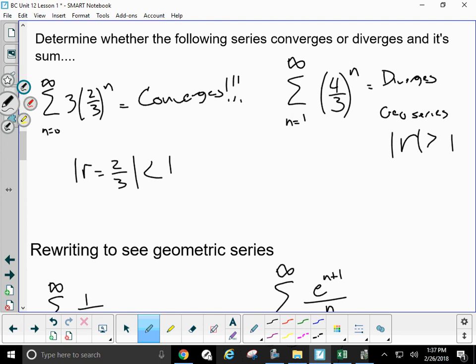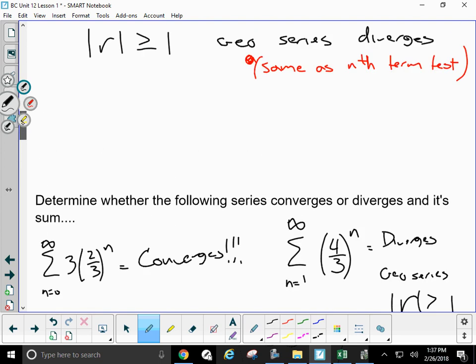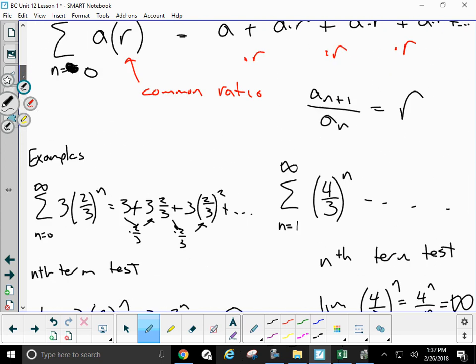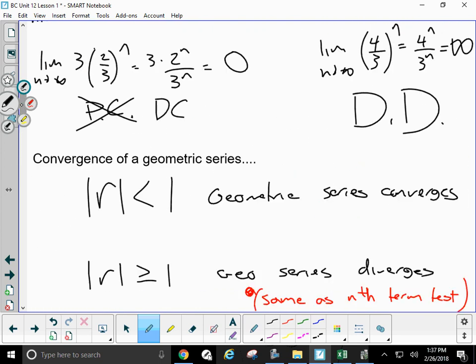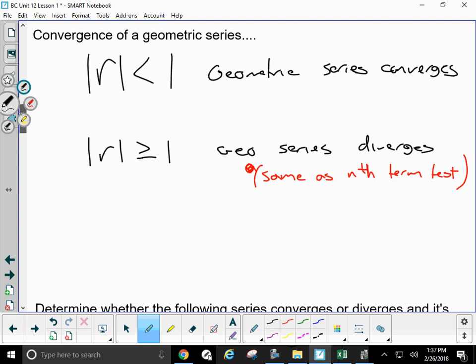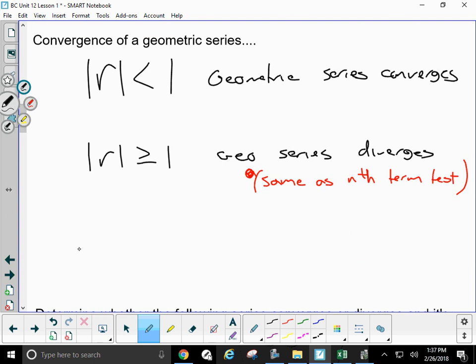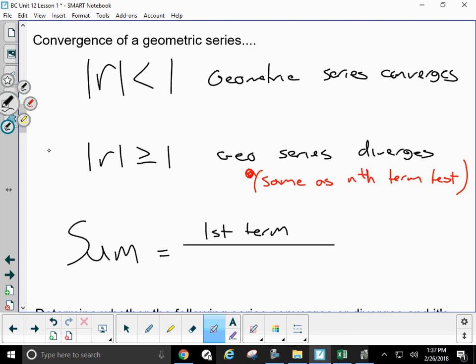Now, unlike most of the other series we're going to look at, the geometric series sum actually is easily able to be found. So go back. The sum of a geometric series is just equal to its first term divided by 1 minus r.